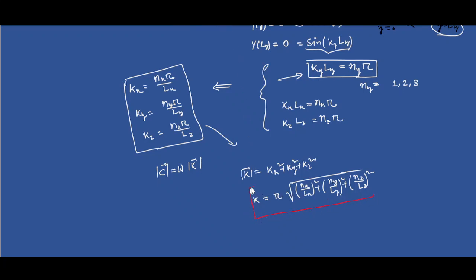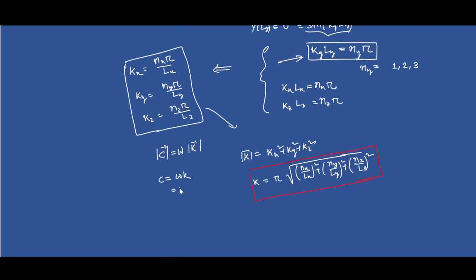So we get the expression of k here, and we can write c equals omega times k, and as omega equals 2 pi f, times k equals c, and plugging this value of k we can write f equals c over 2 pi k. I think I made a mistake here.